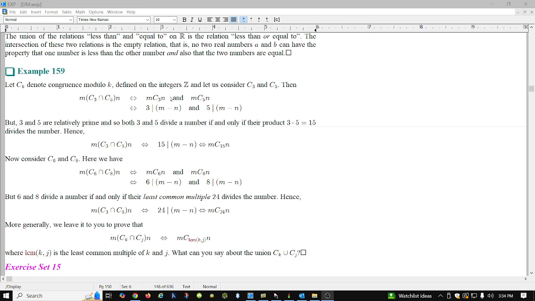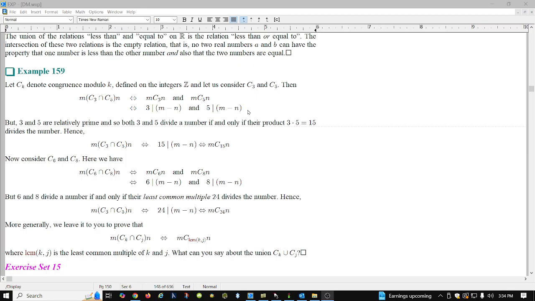So just for convenience, readability, we'll let C sub k denote congruence modulo k. And consider C3, congruence modulo 3, and C5. If M is related to N via the intersection of these two, C3 and C5, that's true if and only if M is congruent to N mod 3 and M is congruent to N mod 5, which means that 3 divides the difference and 5 divides the difference.